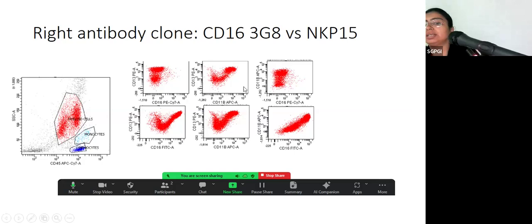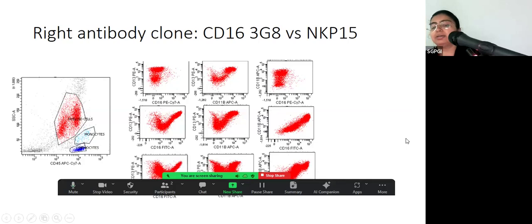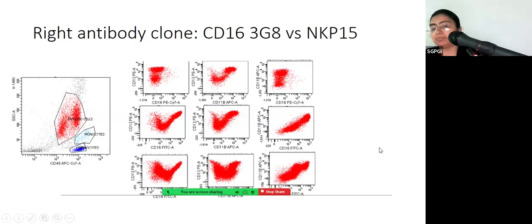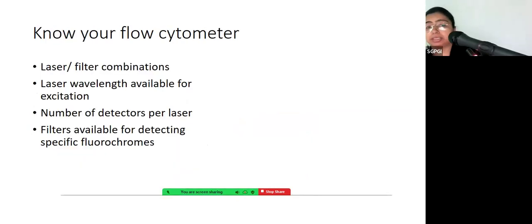So you see no signal in CD16 when we look at the myeloid cells. So this was one particular clone. Assessing it with the other clone, you realize that the signals were always there. So in the middle, you have the normal samples, and you see that the CD13 versus CD11b plot is the same, but now the CD16 signal is coming up. So it is important to have the right clone. And this is something that I learned by making a mistake.